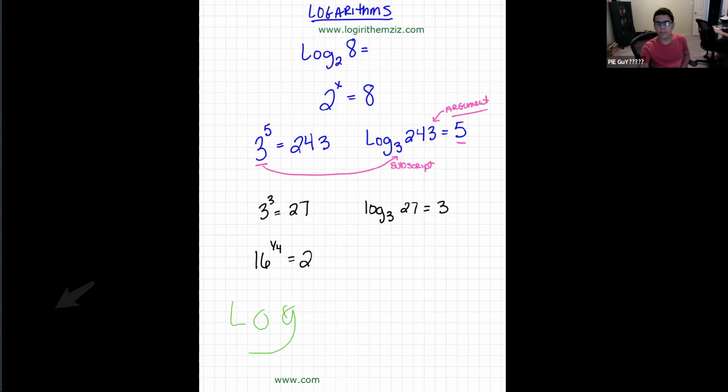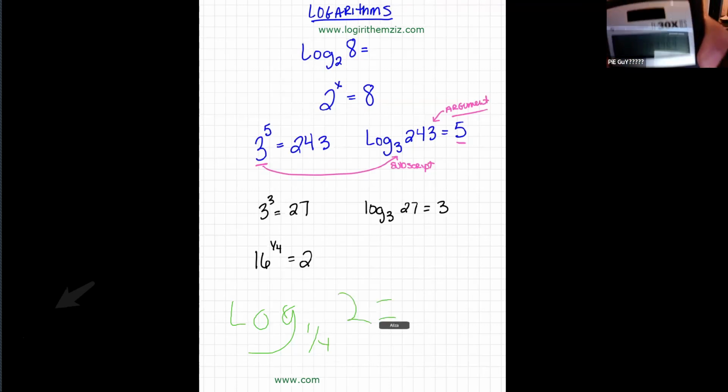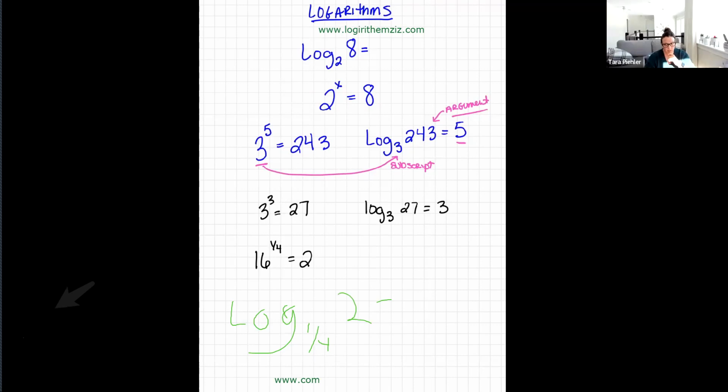Now this calculator says log 27 equals 1.31363764. So you have to have a base on there, log base 3 of 27. You can't just put in log. If there's no base, it's automatically determined to be 10. So you have to find on your calculator a way to write log with a base.